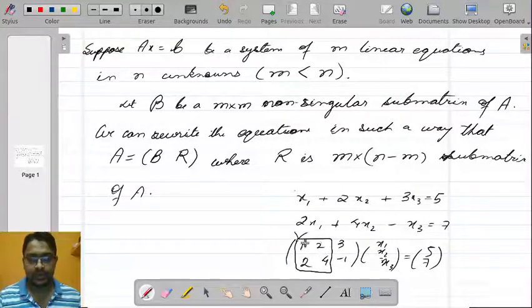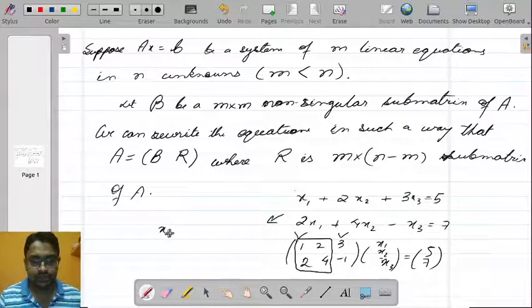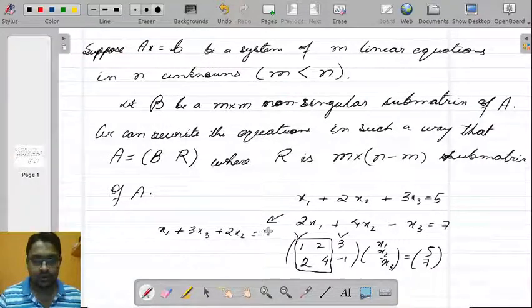But if I take the first row with the third column, I get a basic solution, because the determinant is non-zero: 1 into minus 1 minus 3 into 2. So I can rewrite this as x1 plus 3x3 plus 2x2 equal to 5, and 2x1 minus x3 plus 4x2 equal to 7.